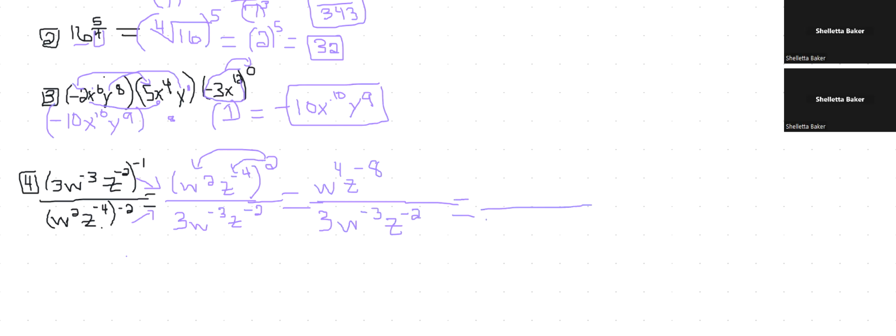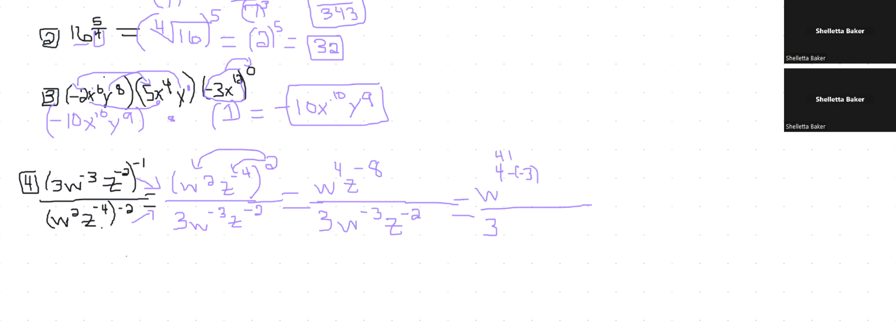So we're going to keep 3 in the denominator and combine the W's. So we'll have W to the power of 4 minus -3. I'm putting that -3 in parentheses, because remember, when you subtract a negative, that becomes addition. That will eventually be 4 plus 3.